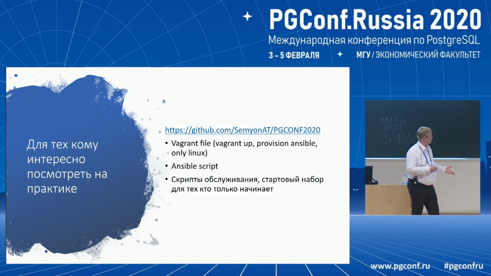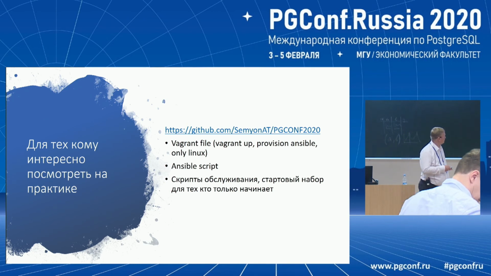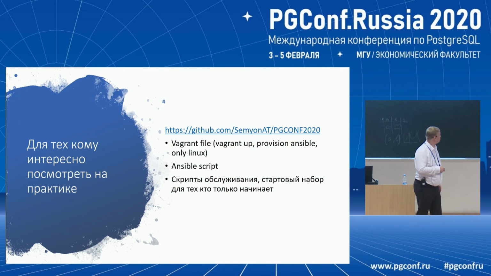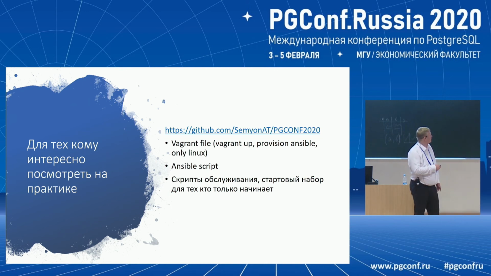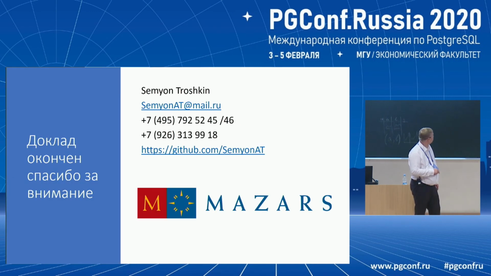When we do Vagrant up, it deploys the machine, and after that, Ansible uses the scripts. And there are servicing scripts, the simplest ones. They can be used when you have several bases. But if you're an expert, you don't really need to check them because they're very primitive.